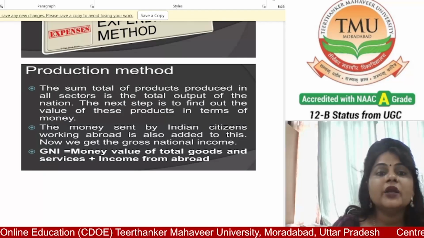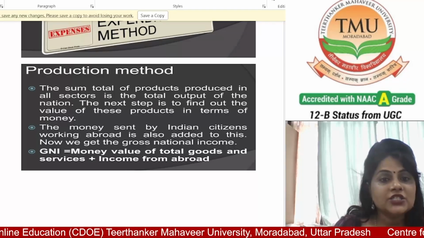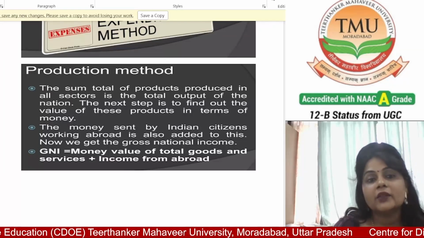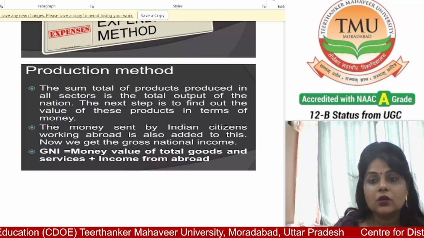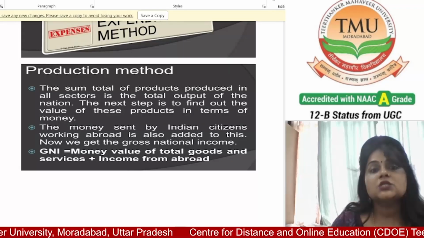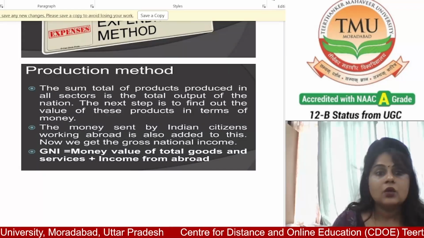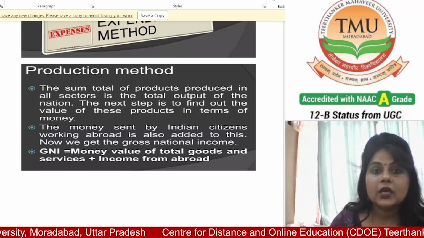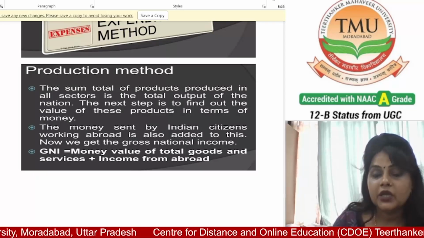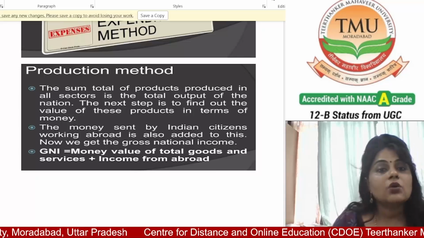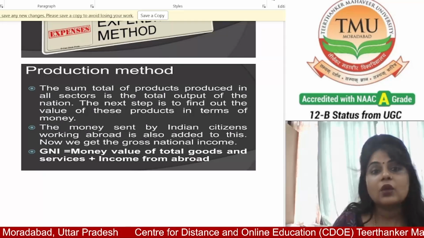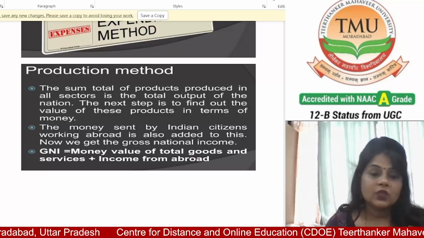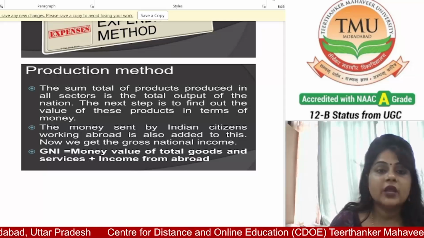When the value of a product is calculated at each stage of production, the cost of input is likely counted more than once. This situation leads to double counting. While calculating national income, the problem of double counting occurs when the value of intermediate goods is also included with the value of final products. Let me give you an example.